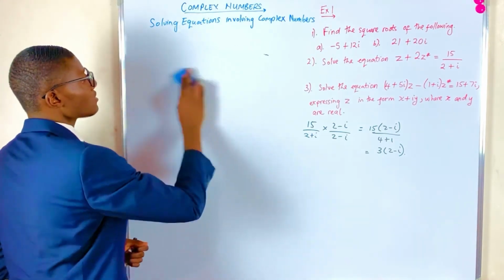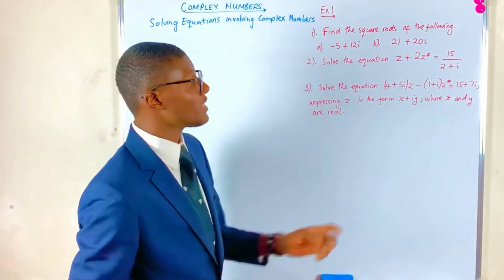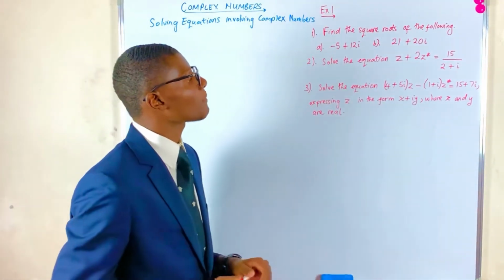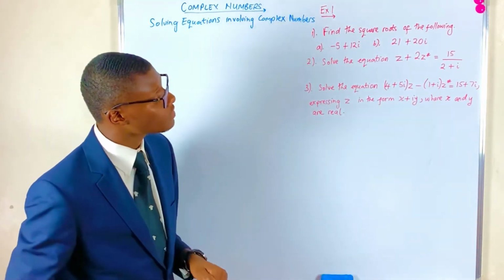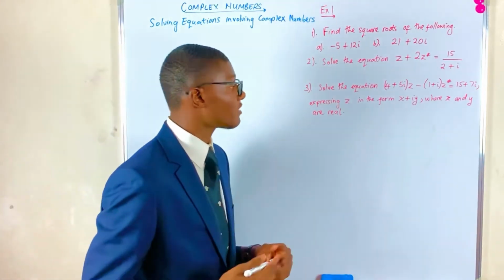So number 3 says solve the equation (4 plus 5i)z minus (1 plus i) z-bar equals 15 plus 7i.